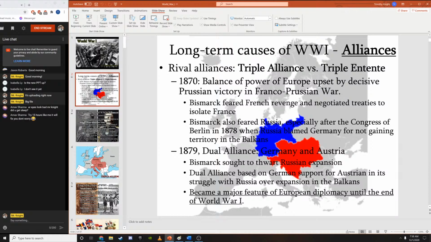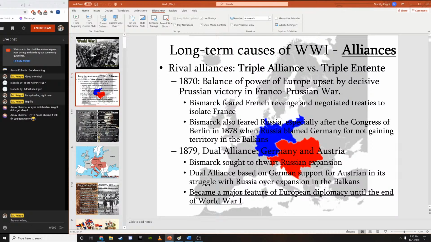And so what Bismarck does after he defeats the French in this war is he tries to isolate France. And this ends up resulting in these two alliance systems forming, basically.